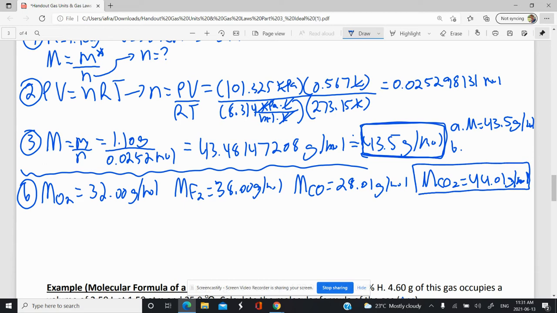So the one that's closest is the CO2. So the gas is CO2.